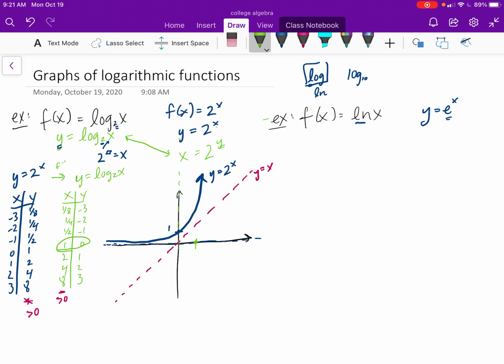Now we have x equals 0 as a vertical asymptote. Okay, this graph will never cross that line. And then the exponential shoots up very rapidly. Well, this shoots to the right rapidly because remember x and y interchange. This is the graph of log base 2 of x.